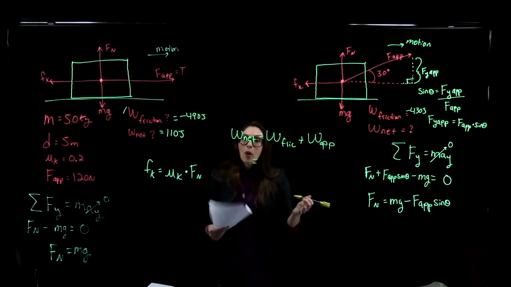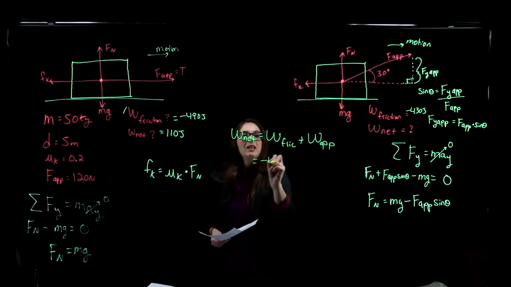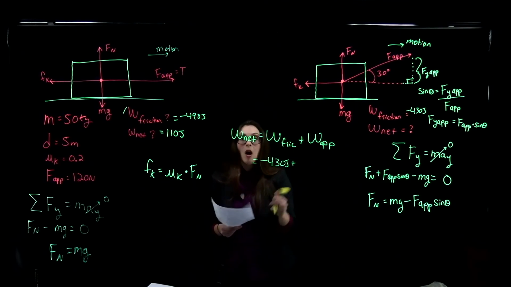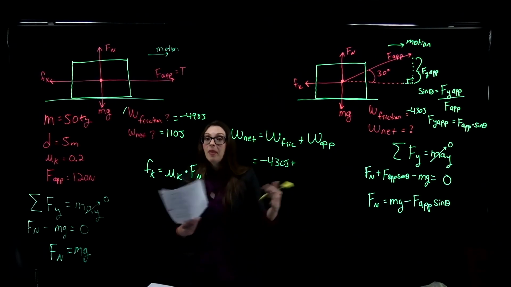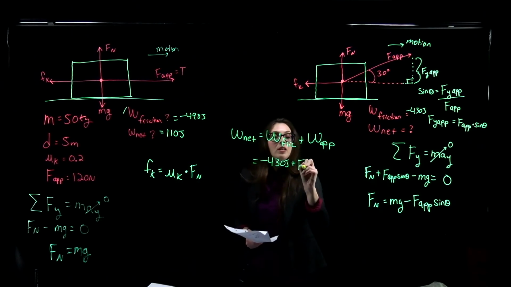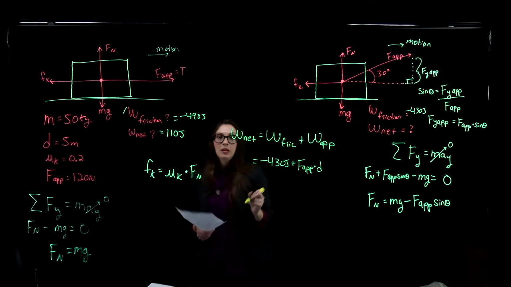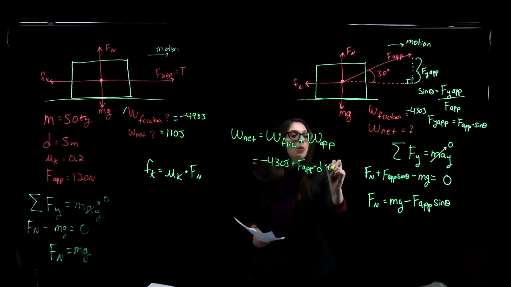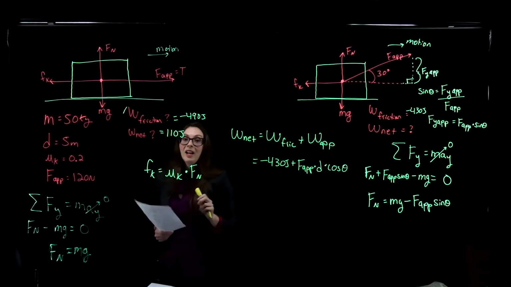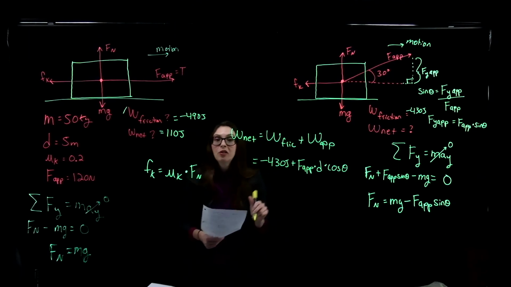Our work done by friction, which we just calculated, is minus 430 joules, plus our applied work from the applied force at the angle. That's going to be our force applied times the distance over which we pull times cosine theta, where theta is the angle between our direction of motion and the angle at which our force is applied.